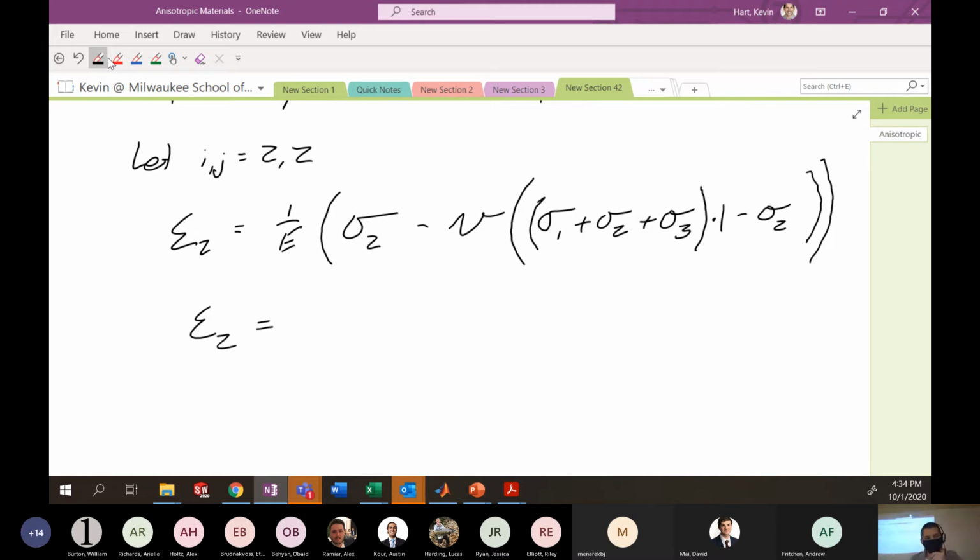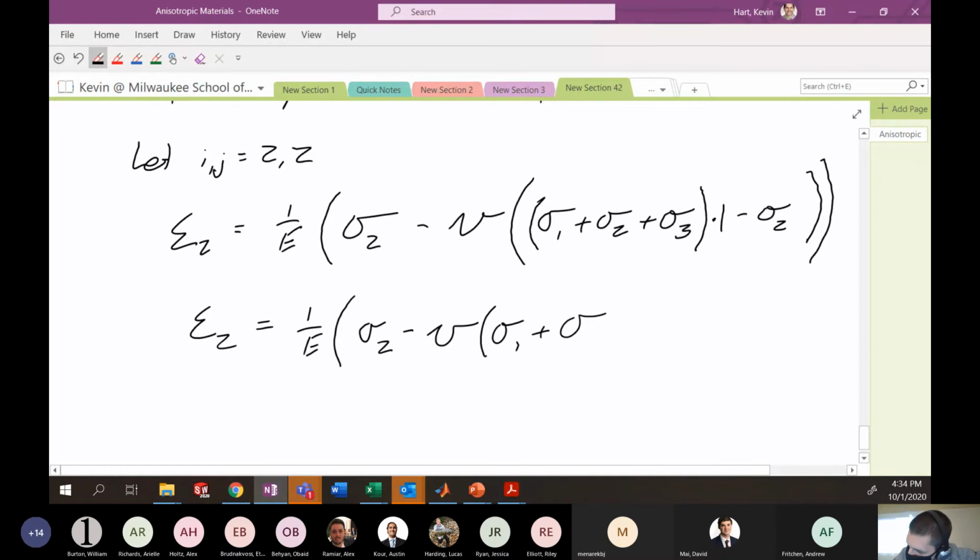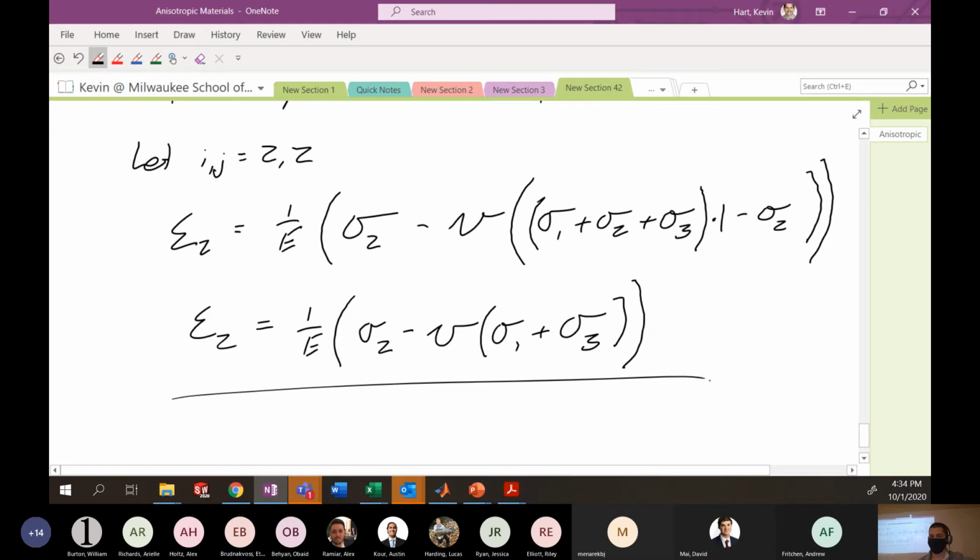You simplify this thing, you'll end up with 1 on E times sigma 2 minus nu times sigma 1 plus sigma 3, which is the 3D form of Hooke's law in the 2 direction for any material. So this is one of the 9 equations that comes out of that indicial notation. Yeah, exciting.